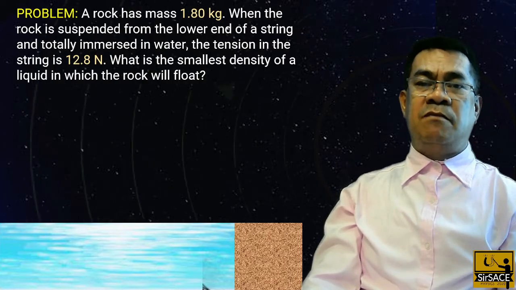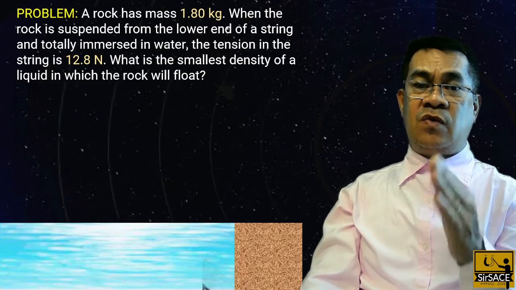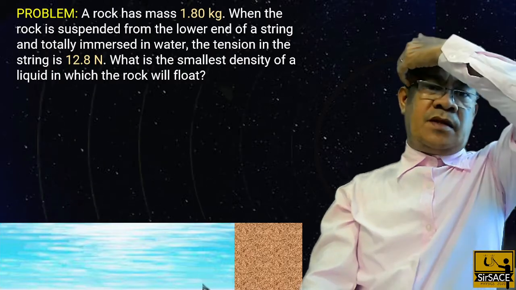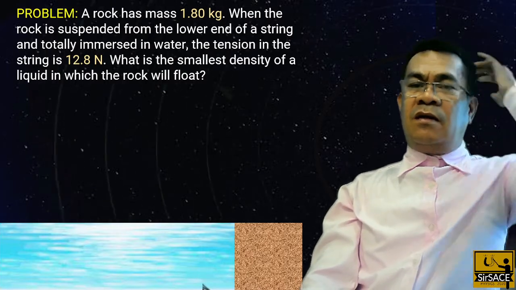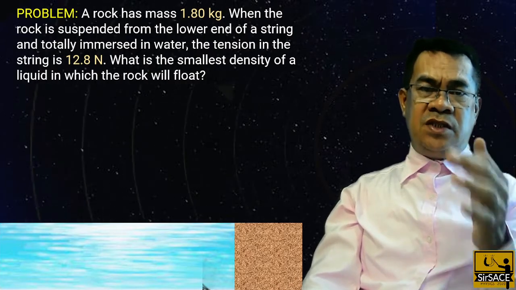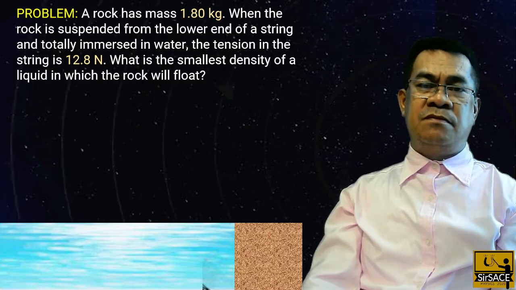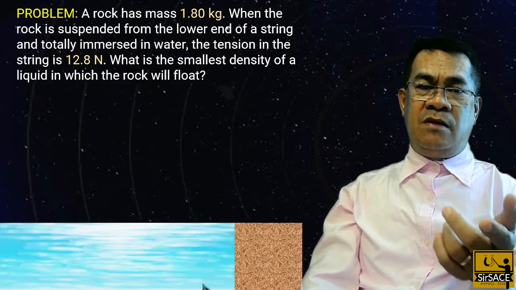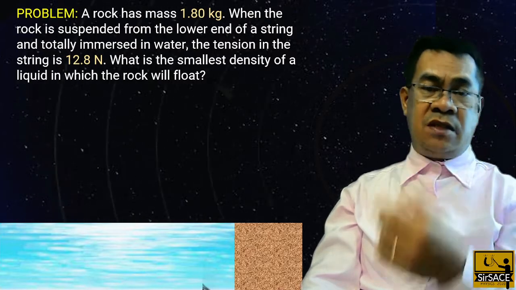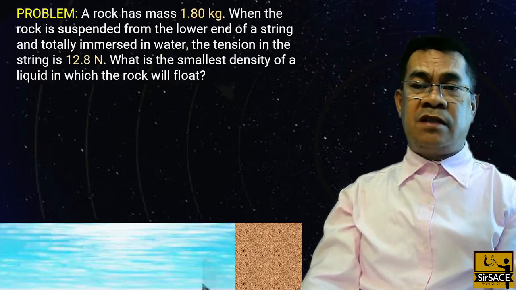The question is, what is the smallest density of the liquid in which the rock will float? Meaning that the 12.8 is the tension of the string when the rock is in the water. But the question is, what is the density? Meaning, other than water, what is the density, based on that information, at which the rock will float, without the support of the string?